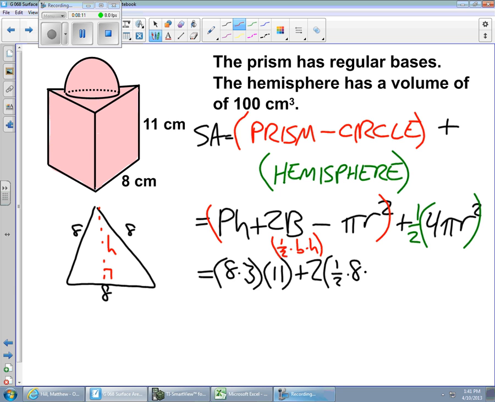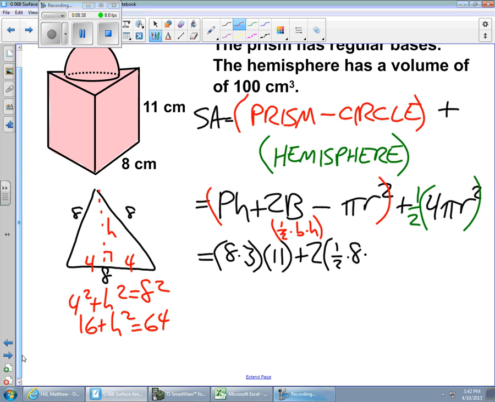But I think everybody should be able to see by now that this is Pythagorean theorem. You've got 4s right there. And then we just go, I've got 4 squared plus height squared, and that will equal the hypotenuse squared. 16 plus height squared equals 64.